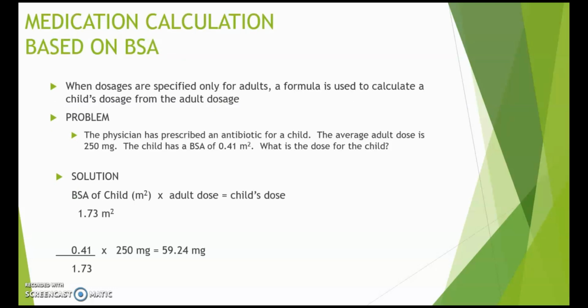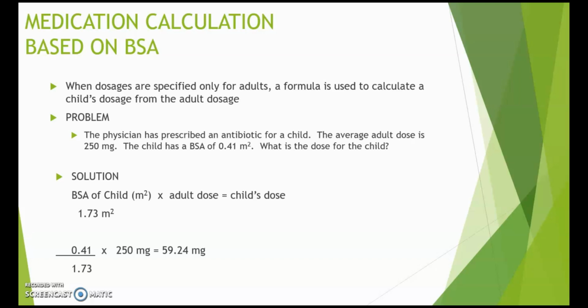Last slide for this section, medication calculation based on BSA. When dosages are specified only for adults, a formula is used to calculate a child's dosage from the adult dosage. Problem: the physician has prescribed an antibiotic for a child. The average adult dose is 250 mg. The child has a BSA of 0.41 square meters.